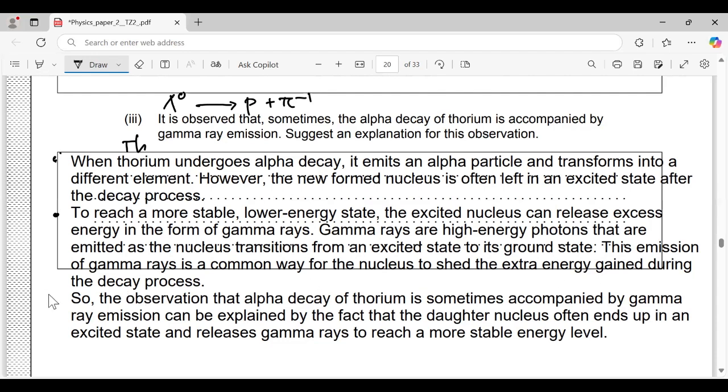So based on this information, my summary: the observation that alpha decay of thorium is sometimes accompanied by gamma ray emission can be explained by the fact that the daughter nucleus often ends up in an excited state and releases gamma rays to reach a more stable energy level.